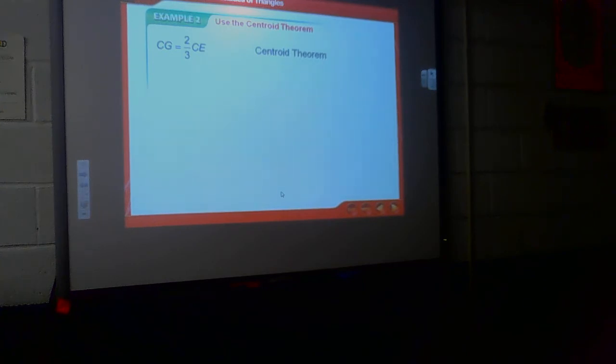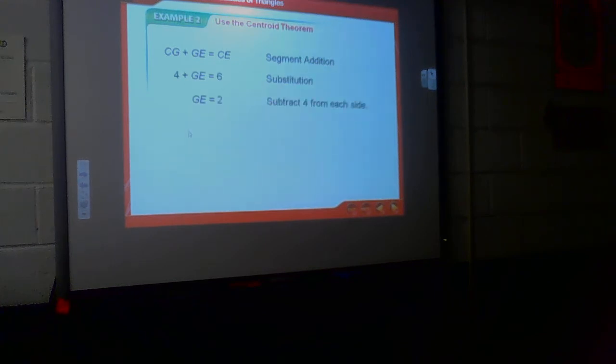CG is 2/3 of CE. Or as Dave said, 2/3 of 6. So we get our 4. If this is 4, then we go back and was that the answer, or did you have to subtract? I think you had to subtract, so it would have been 2. Make sense?